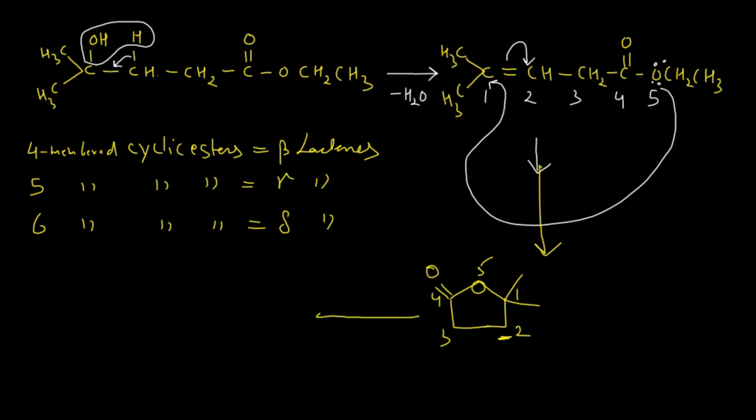Finally, you have taken acid here, so this will grab this and you will have your product, a 5 membered cyclic ester with 2 methyl substitutions. This is actually your gamma lactone.